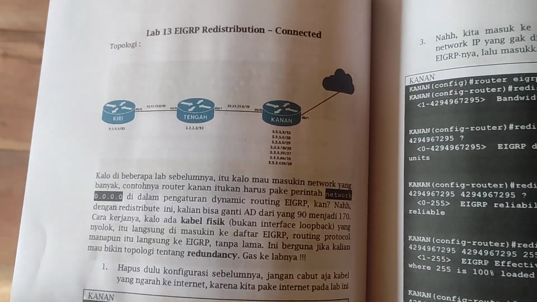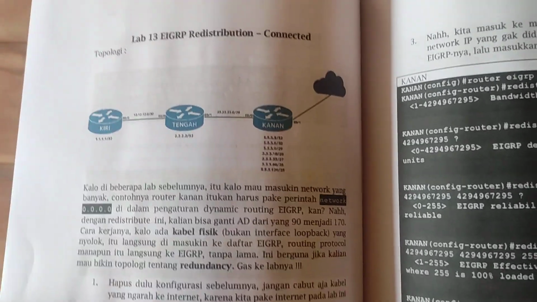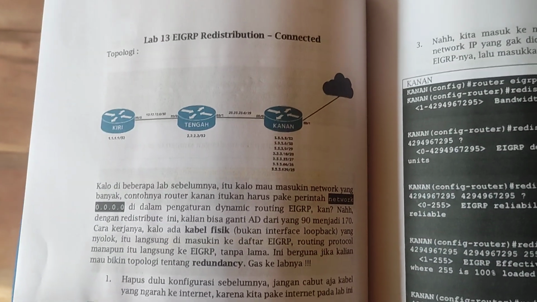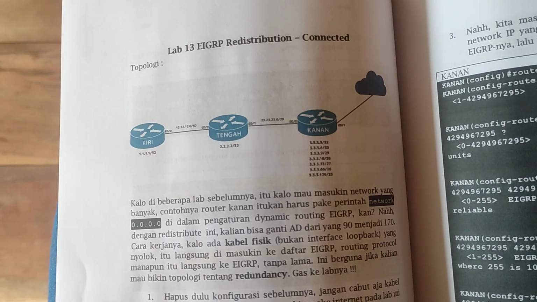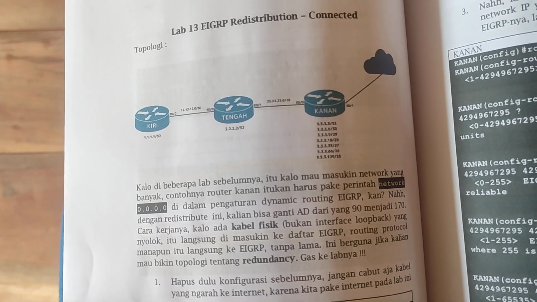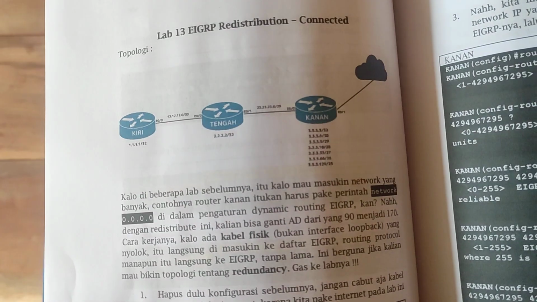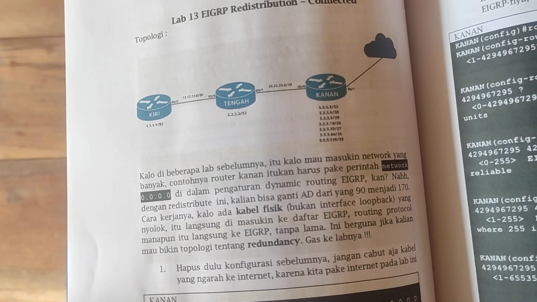Okay. For the next is about EIGRP redistribute connected. I'm using the same topology as before. Okay, what does EIGRP redistribute connected mean?